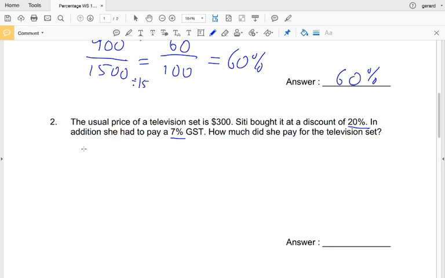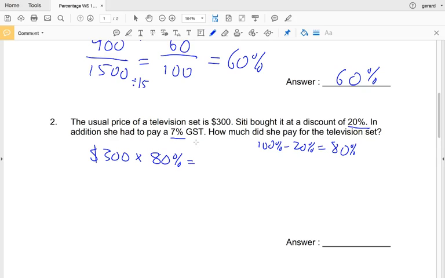Alright, so here we have 300, at a discount of 20%. So we just check what is the price after 20%. You have 100% minus 20%, it's 80%. So the actual price is 80%. So $300 times 80%.